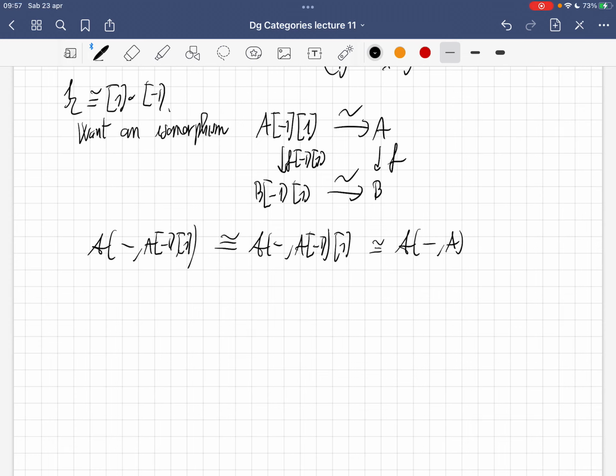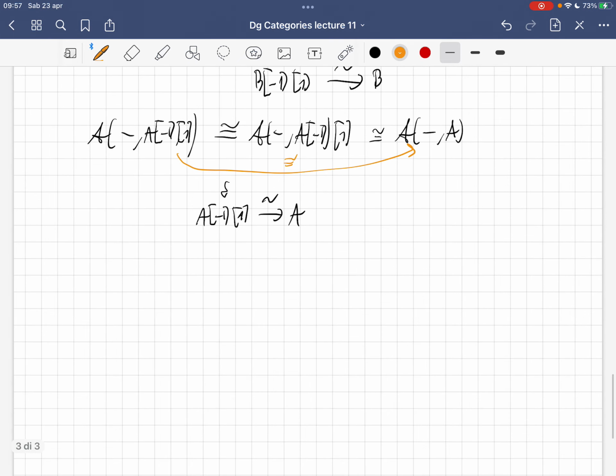We are already there, because then you have an isomorphism actually from here to here. And by the Yoneda lemma, this gives you some map. Actually some isomorphism, because this is an isomorphism from this to this, from this to this.